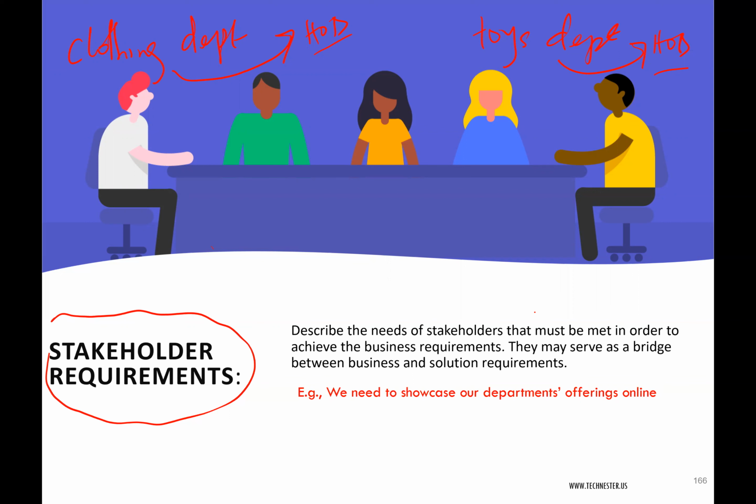Our clothes change seasonally. So we need a platform that can allow us to upload the latest pictures and order and manage, what's it called? Our stock. The toys department may say something else, right? So you start getting all the stakeholders' requirements. That's why you identify them during planning.